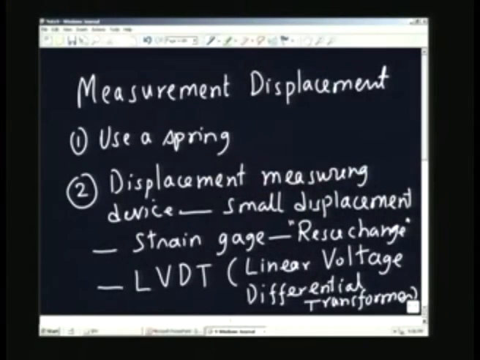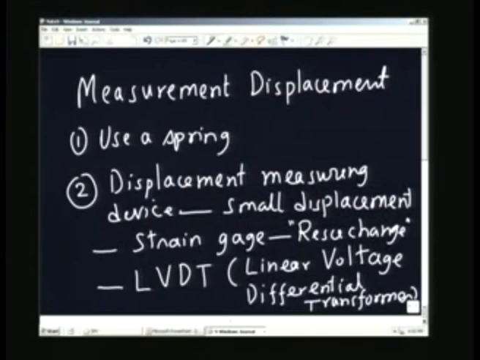In the case of LVDT, the displacement is going to be communicated to this differential transformer, and it is going to give an output which is expectedly, or designed to be, linearly dependent on the displacement. We will be very happy to have a linear relationship because it is easy to model, and therefore, LVDTs can be used for measuring very small displacement.